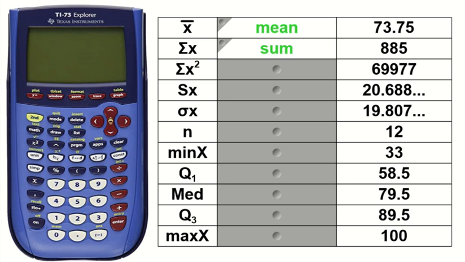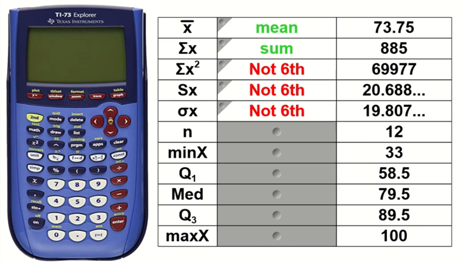The symbol with an exponent, not 6th grade math, don't even worry about that. The S with the X, again, not 6th grade math, we ain't gonna worry about it. That little symbol with the X, again, not 6th grade, don't worry about it. All right, the N. N is the number of items.